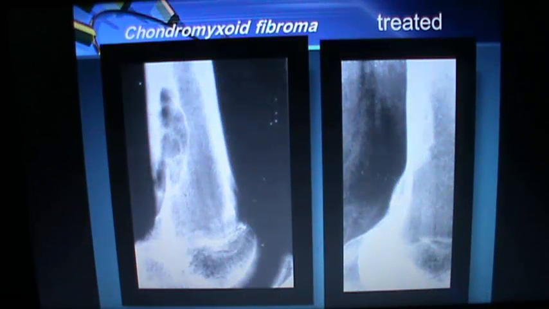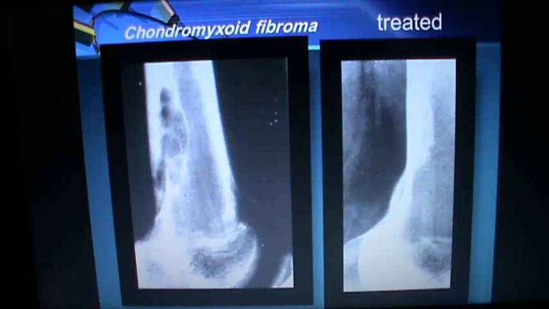Now, here we have the same appearance as non-ossifying fibroma, but there are some differences. It's more extensive, and it is showing internal calcifications. But they are the same as regard cortical intact and bulging into the marrow.